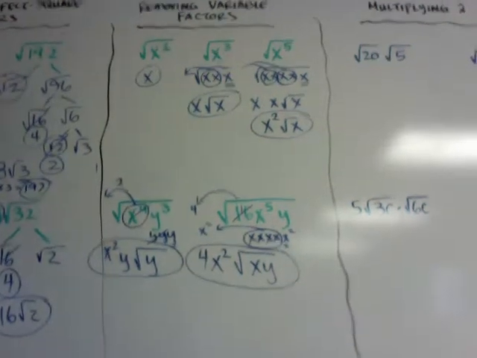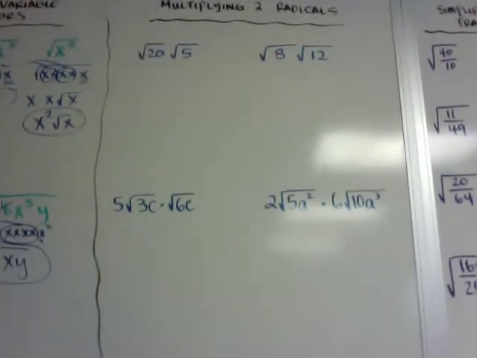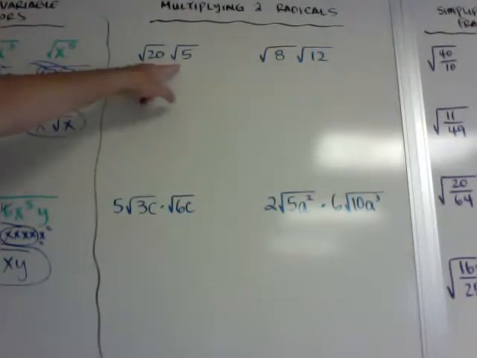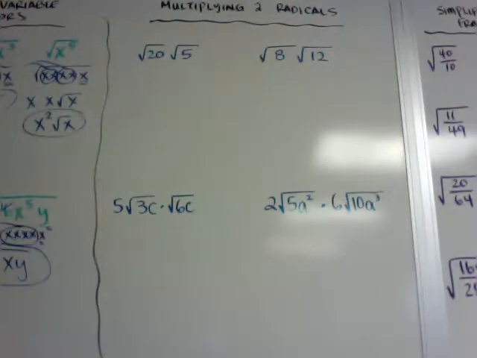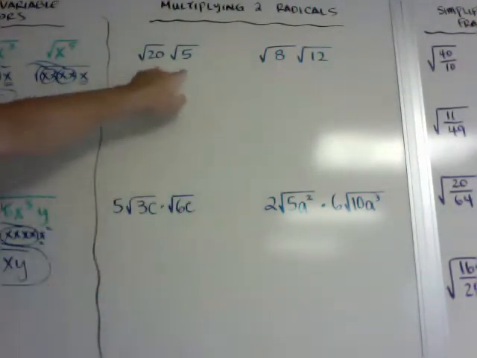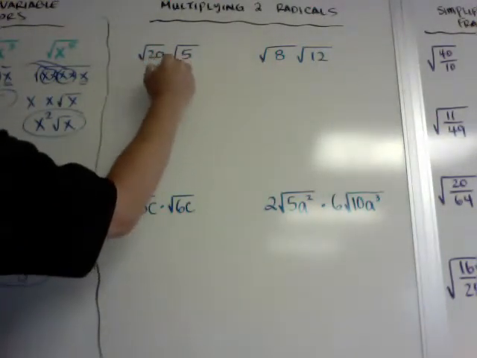Okay, here's another one, multiplying radicals. So if I'm multiplying 2 radicals, I could combine these or simplify them down like how I broke down the 192 on the first example. I could keep going that way. Or I can just see that this becomes, if I combine it, radical 100.